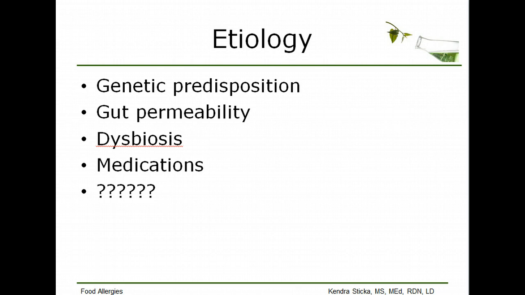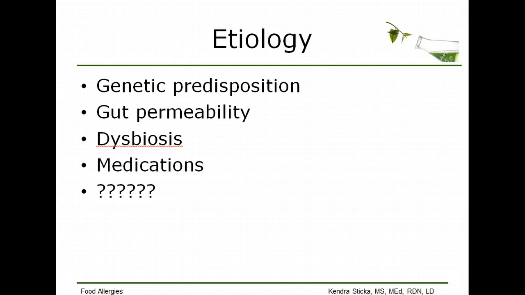Dysbiosis is basically an imbalance of appropriate types of bacteria in our gastrointestinal tract. So it's too much bad bacteria, too little good bacteria, and this is thought to perhaps contribute somewhat to food allergies. Medications can contribute to food allergies, perhaps, and then I have a bunch of question marks at the end because I think this is an area that really is continuing to be researched.